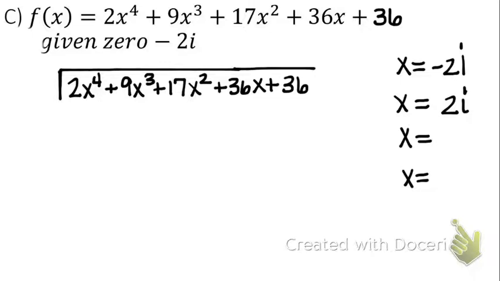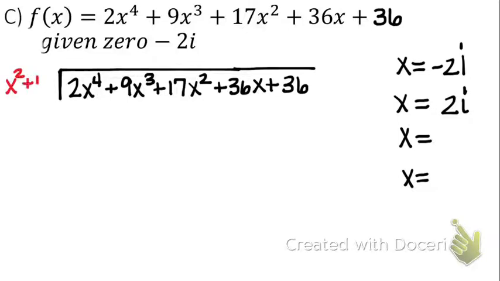What factor am I dividing into it? So how would I get this negative 2i and positive 2i? What factor am I dividing into this? Not minus 4, x squared plus 4.